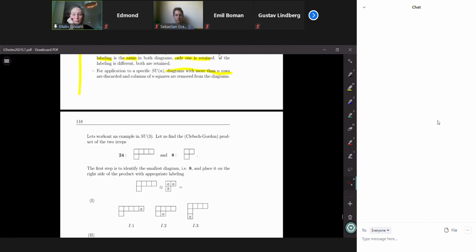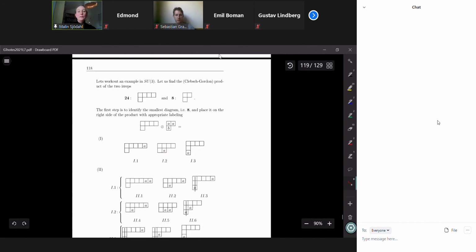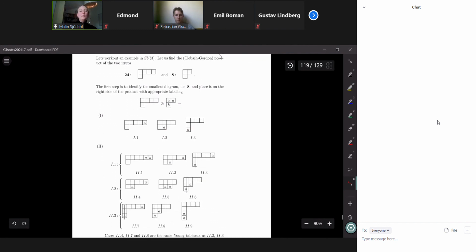Okay, so let's have a very quick look at how this goes in SU3. So let's say that we have this particular Young tableau, and we want to multiply it with the octet. So we make labels here A, A, B. Then we add to this basic diagram A's in all possible places. First A, and then after that I add to each of these a second A in all possible ways.